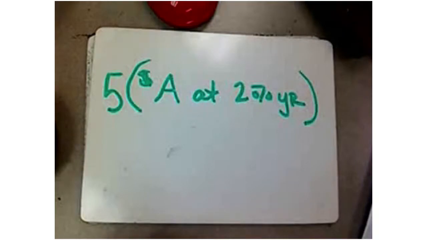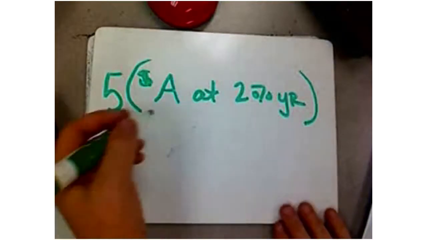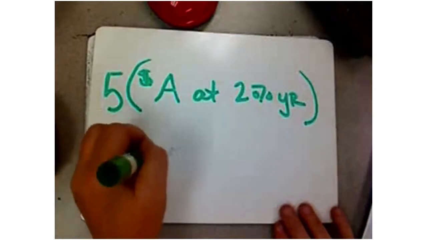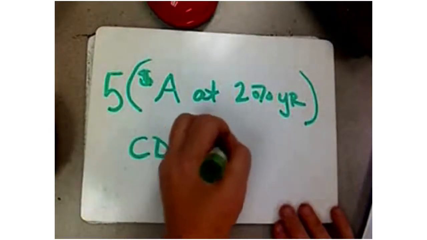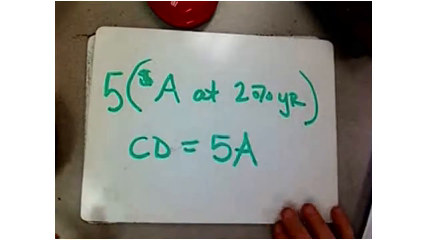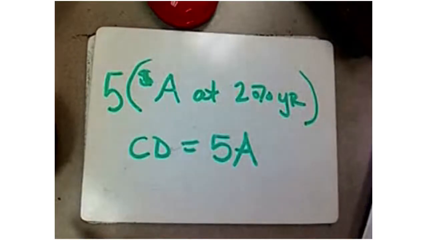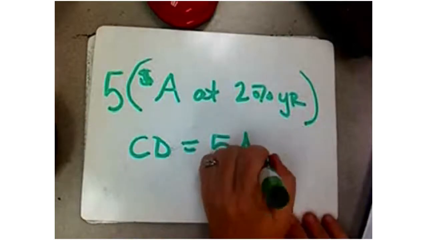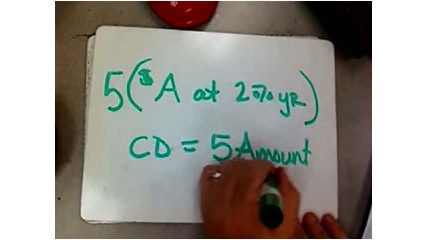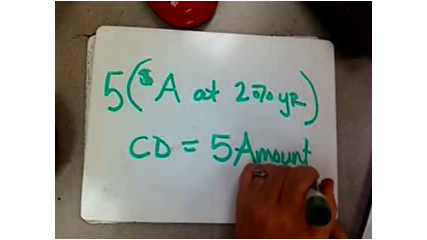Thus the amount, how much does she invest in the certificate of deposit in terms of the amount in the savings? So we kind of did that, didn't we? We said, well, the CD is going to equal 5 times the amount in the savings. I'm just going to use it as an A. I'm going to say the CD equals 5 times A, or we could say the amount in savings if you wanted to write it out.